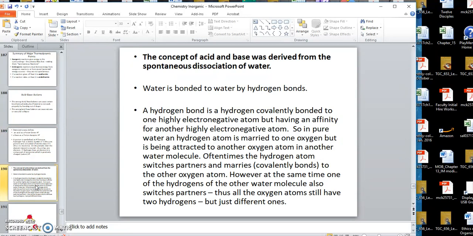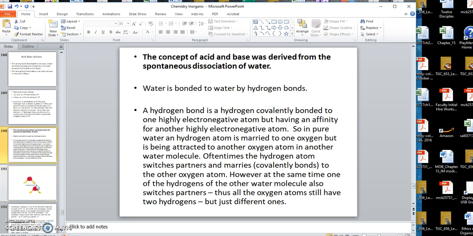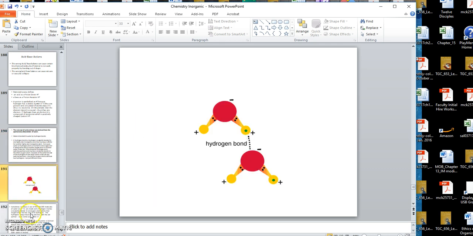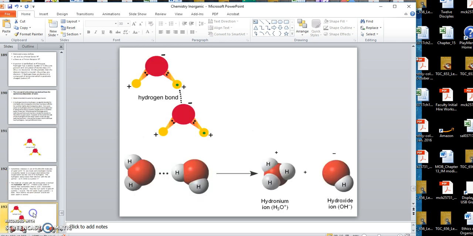The whole basis of acid-base balance came out of the spontaneous breakdown of water. I won't get into that. For those that enjoy reading, you can read up on that in my PowerPoint as to how water really formed the basis of the initial understanding of acid-base. We go a little further.